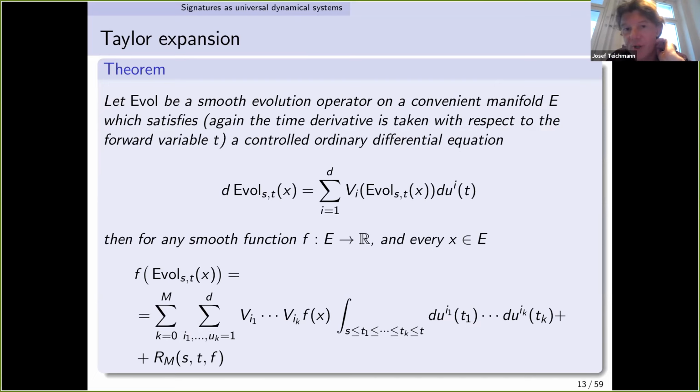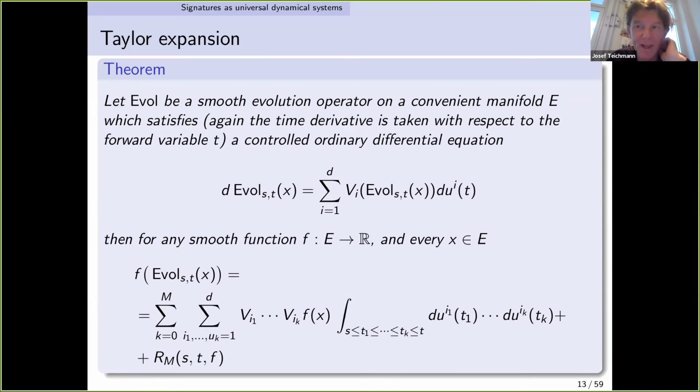Then for every smooth function, we can calculate what it means that the evolution is inserted into the test function by just taking the derivative and integrating that. Inside, the transport operators appear. The transport operators produce from a test function, again, a test function, and therefore we have an equation which we can insert into itself because it's an equation from C infinity to C infinity. And this insertion into itself leads immediately to the following formula.